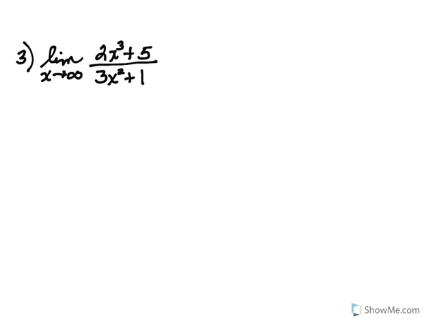So same strategy. Think about what it is we're going to divide through by while I get this set up. So the largest power of the variable in this case is x cubed. So everything is getting divided by x cubed.